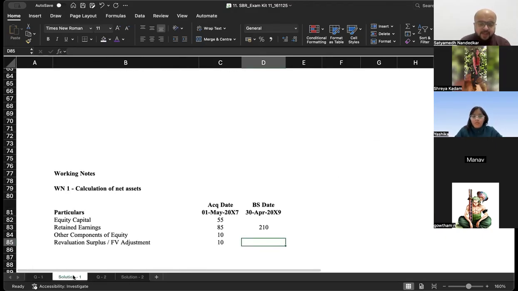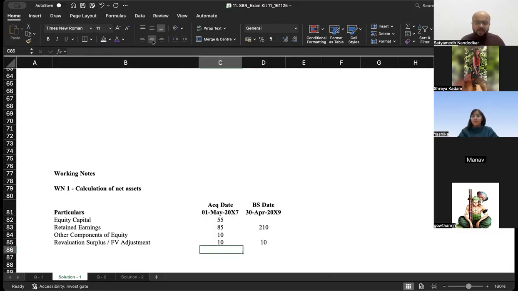for Bochem. See, the value of plant and machinery must have gone up by 10 million, right? The PPE account is debited and revaluation surplus increased by 10 million, and it has a useful life of 5 years. So every year, and they have mentioned that on the revalued amount again there has been depreciation.